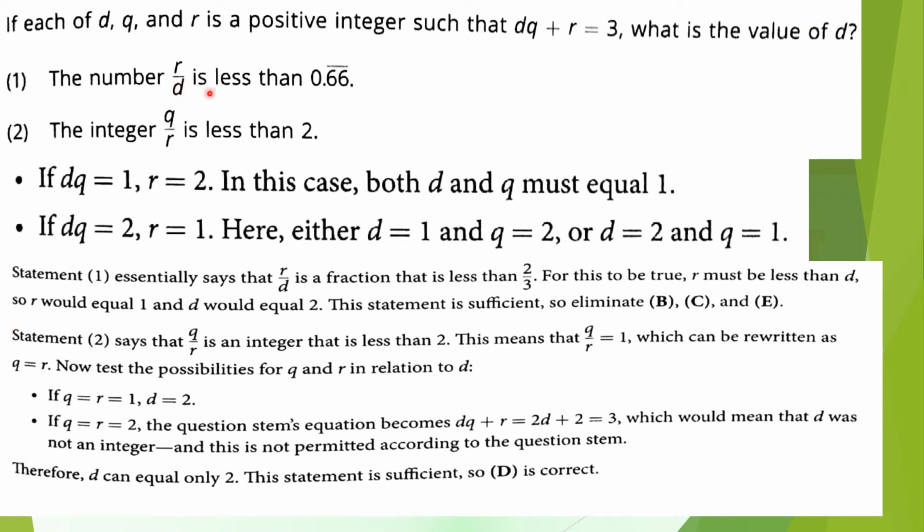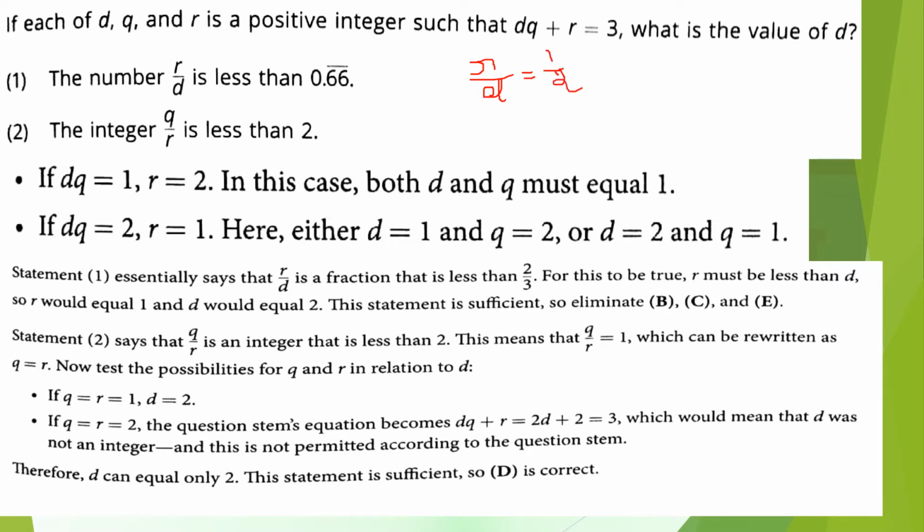r by d is less than 0.66. You can also write 0.66 as the fraction 2 by 3. So the ratio r by d should be less than 2 by 3. Based on this statement, I will choose a value for r by d that is less than 2 by 3. I will choose 1 by 2.